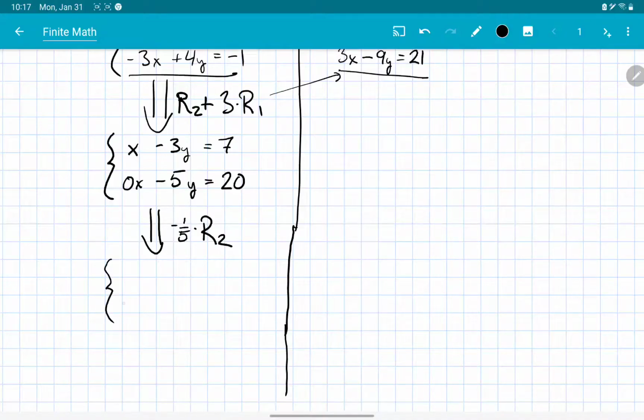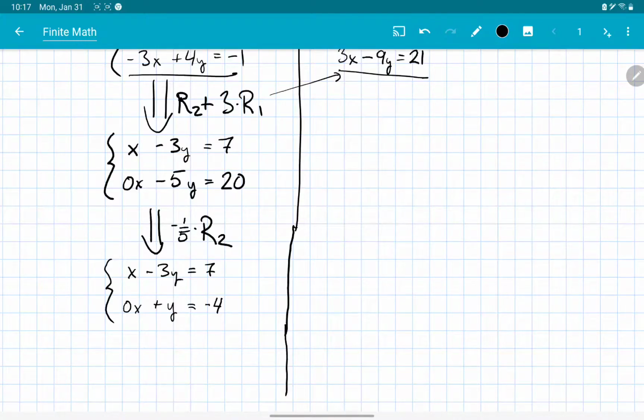So now I keep the first equation, x minus 3y is equal to 7. And then the second equation is still 0x. Now I'm going to have plus y. And here, 20 divided by negative 5 is negative 4. Questions about this move here?